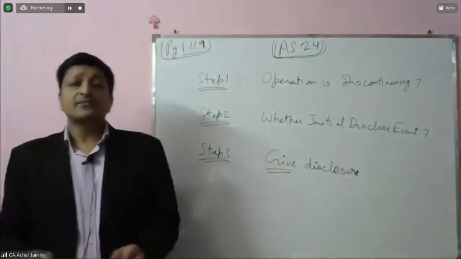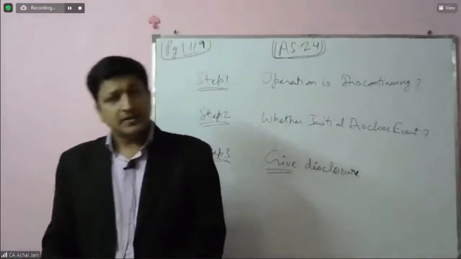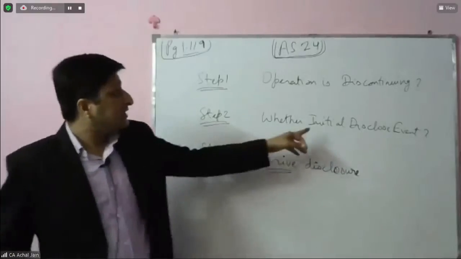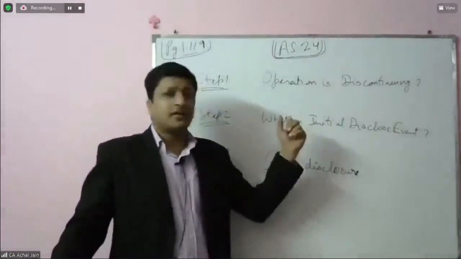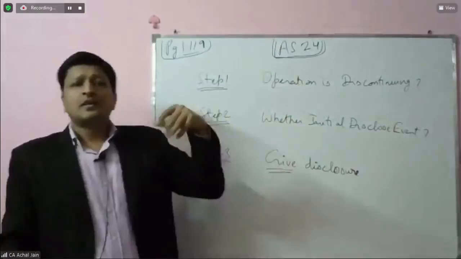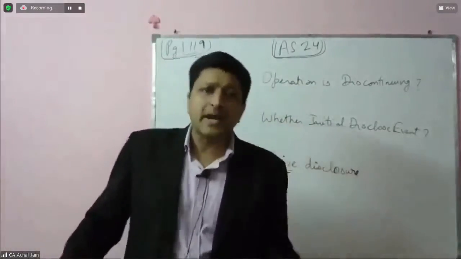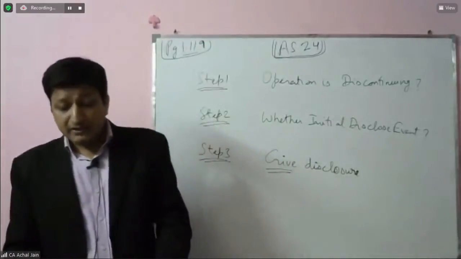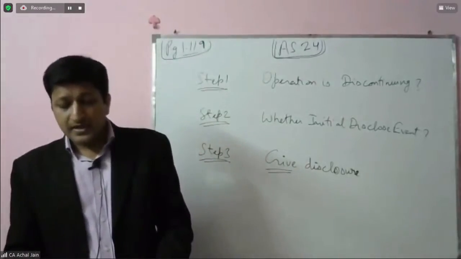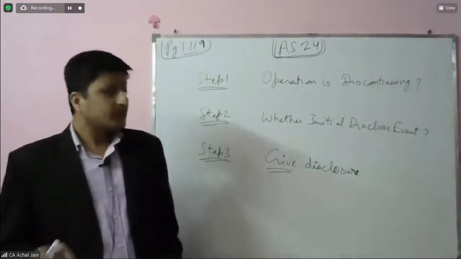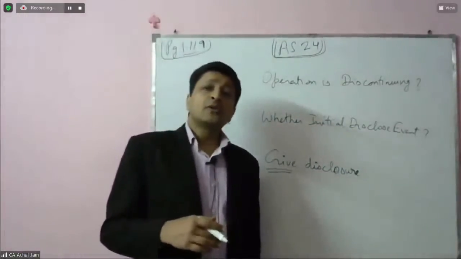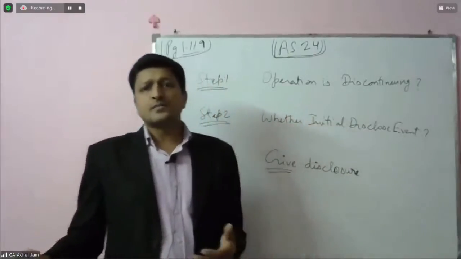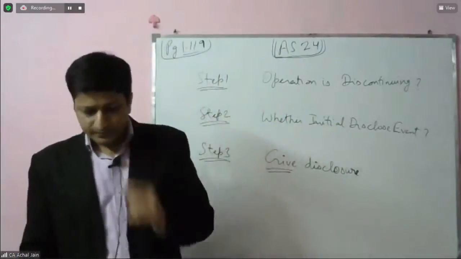If that has been disclosed somewhere else, that needs to be disclosed. Date and nature of initial disclosure event. Nature means whether the board approval has taken place or binding sale agreement has taken place. Date or period in which discontinuing is expected to be completed. Means if you are planning to sell it, this will be completed within 1 year, within next 6 months. So some description you will give.